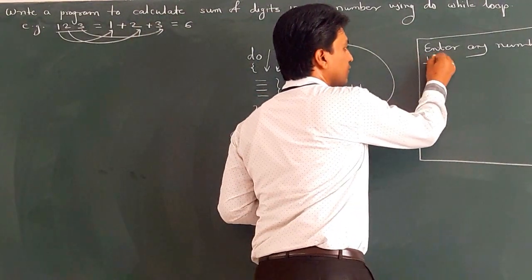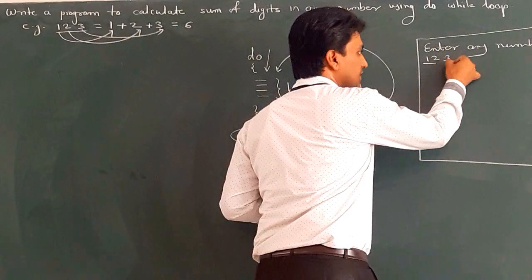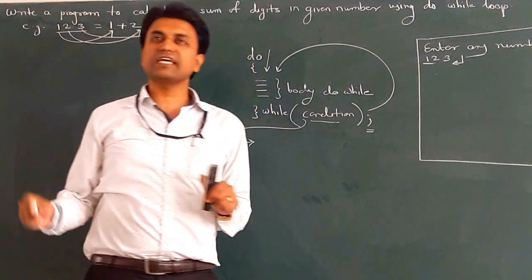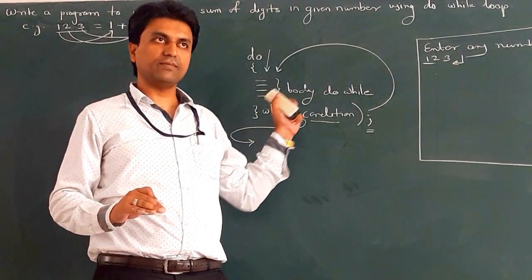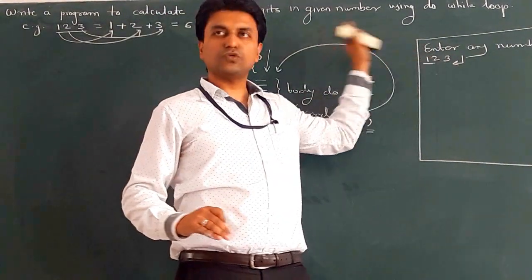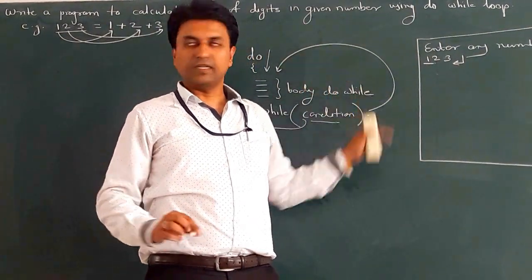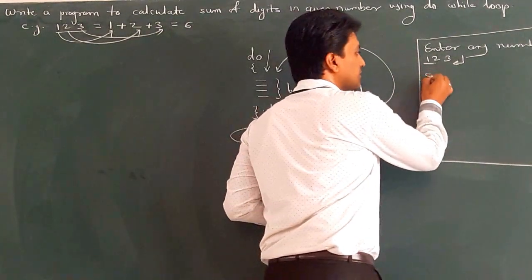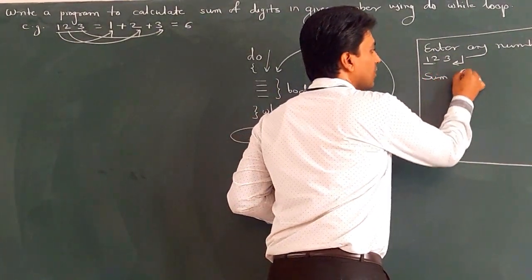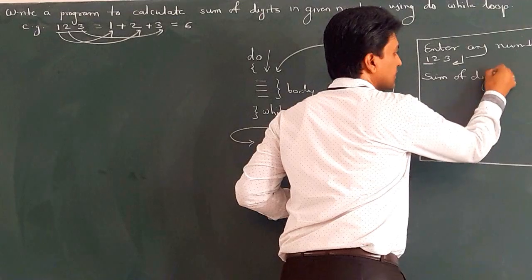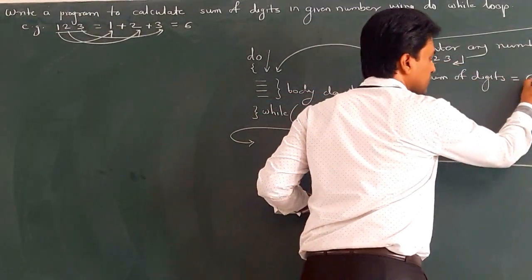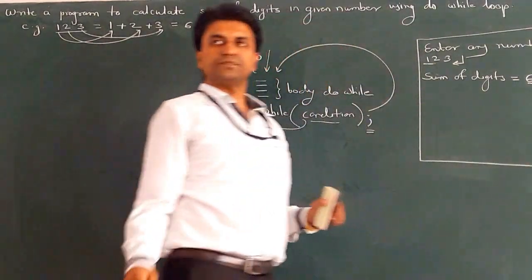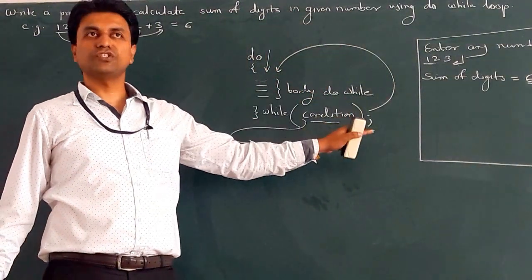Suppose the user enters 123 and presses enter. That number is assigned to some variable, for example number. After that, the next message is: sum of digits is equal to, and whatever the sum of the digits is, 6, we display 6. This is your output screen.